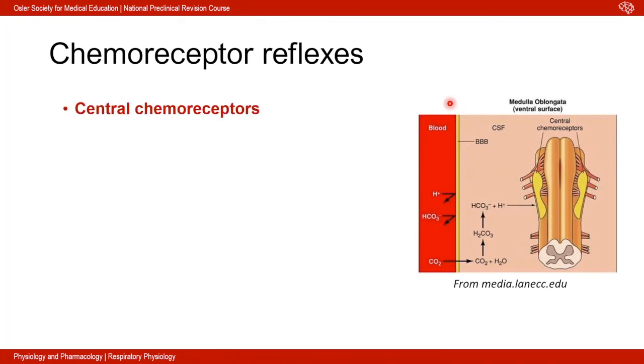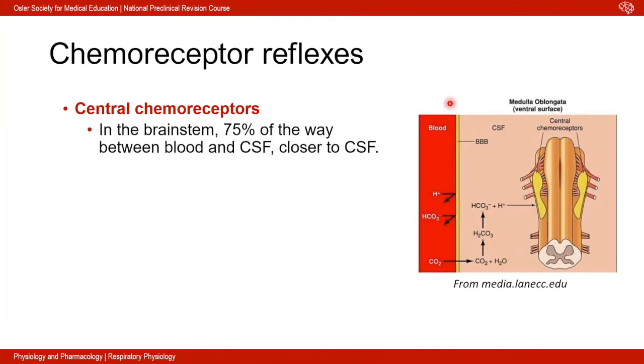Chemoreceptor reflexes are controlled by the central receptors and also the peripheral receptors, which we'll talk about in a sec. These central chemoreceptors are here and here. They're 70% of the way between the blood and the CSF, closer to the CSF, as you can see here.